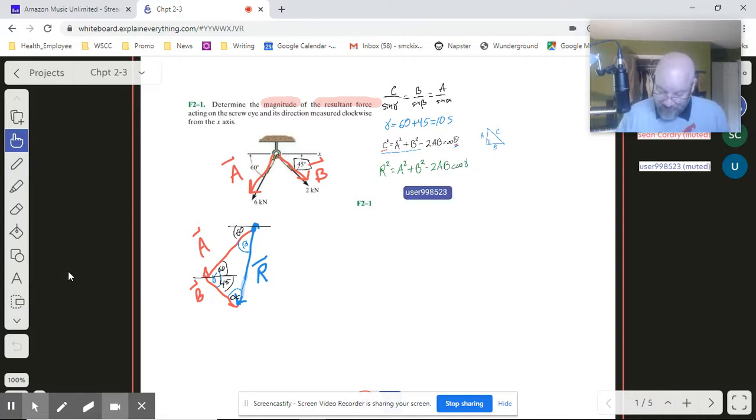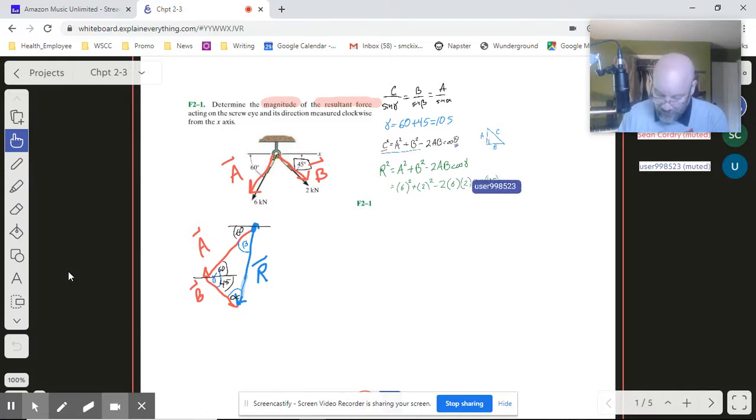And so we put some numbers in there. A has a value of 6. B has a value of 2. Minus 2 times 6 times 2 times the cosine. What do we say? That was 105.